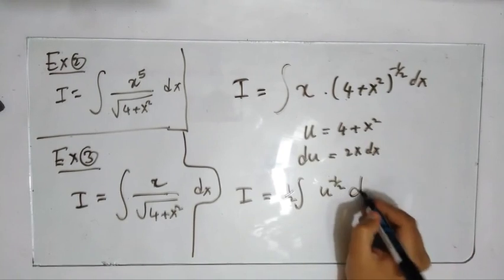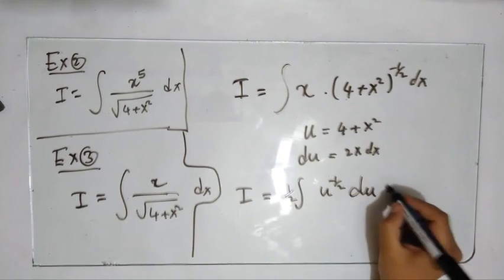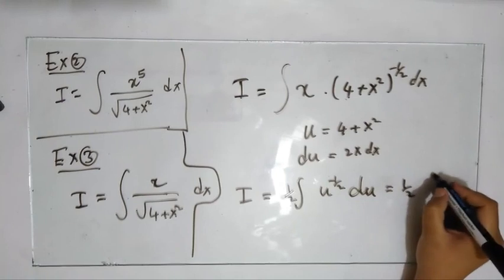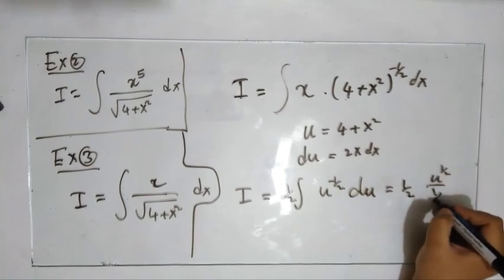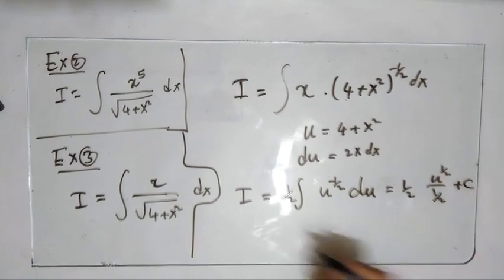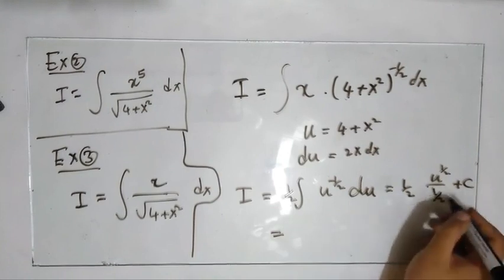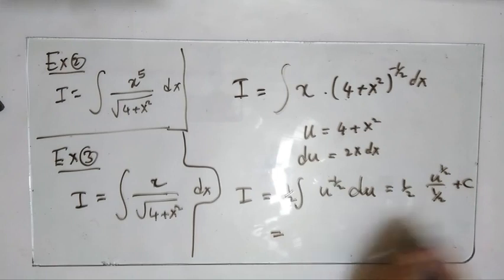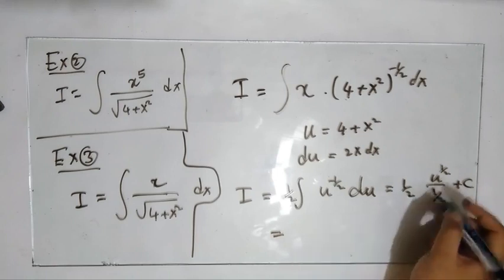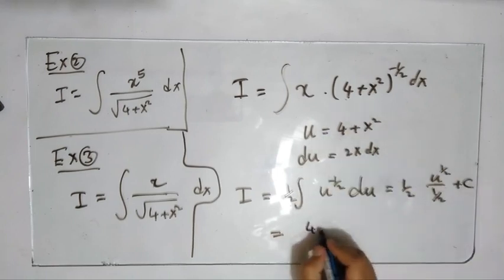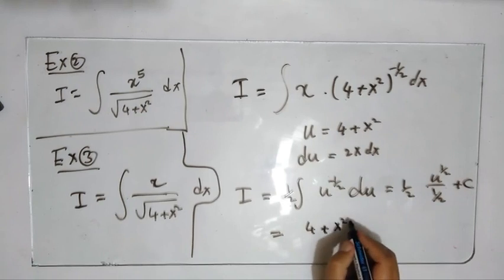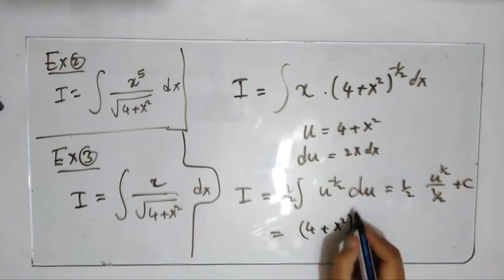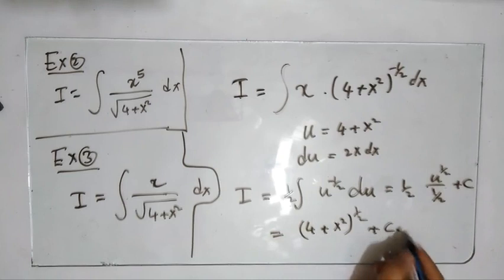So this is du, okay. So you will have half times u to the power half over half, plus c. So you can cancel this half with this one, and then you will replace u by its value. So you will have 4 plus x squared all to the power half, plus c.